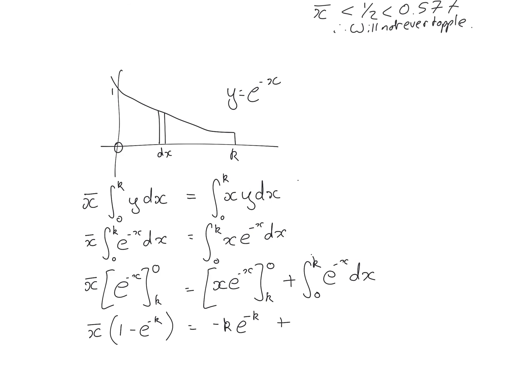Plus, this is going to be minus, so we'll just go e to the minus x, and we'll swap these over k and 0.